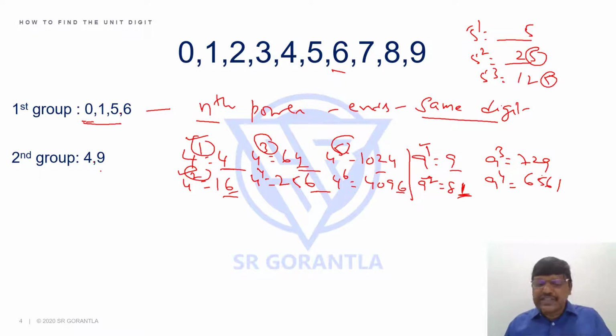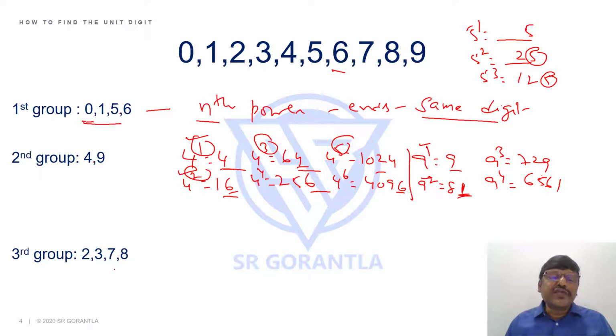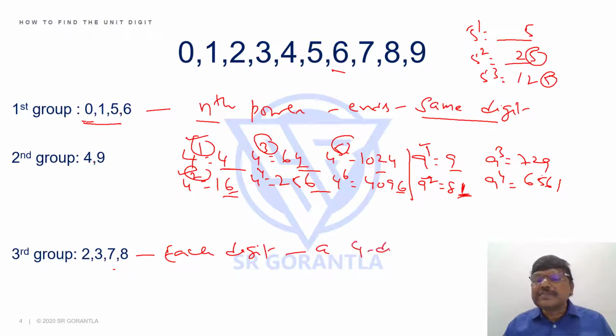Still I have 4 more digits, that is 2, 3, 7, 8. Students, each of these 4 digits has a 4 digit cycle. What I mean by that, let me explain to you.